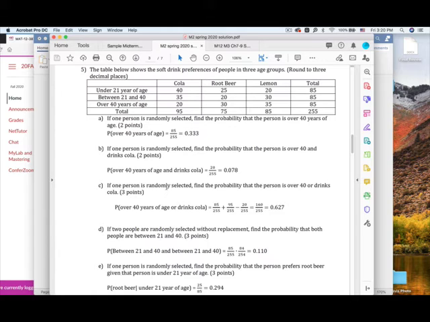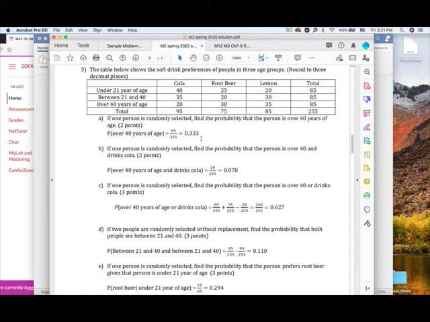And for the probability, I have a requirement. Let's say for this kind of question, please state what you are looking for. For these questions, we are looking for the person over 40 years of age. So that's why I write it down, probability of over 40 years of age. Show me your work and the final answer.